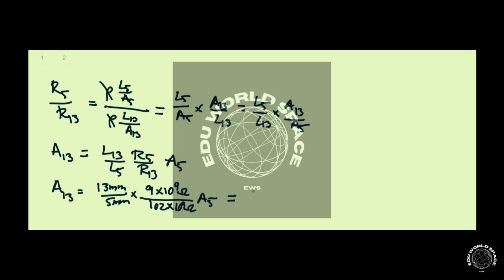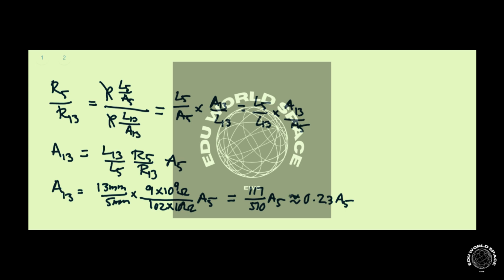This number is 117 over 510 A5, which is about 0.23 A5.